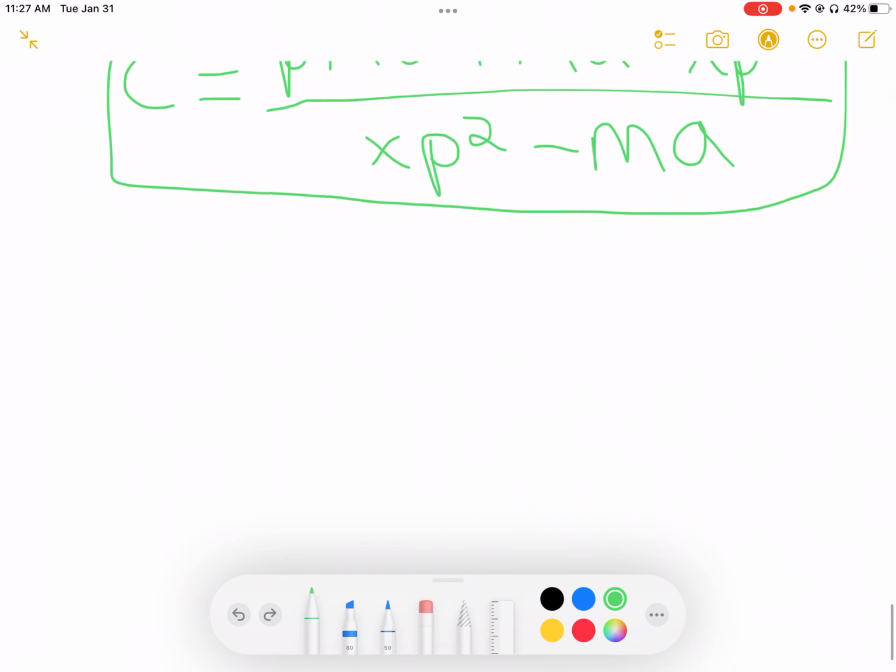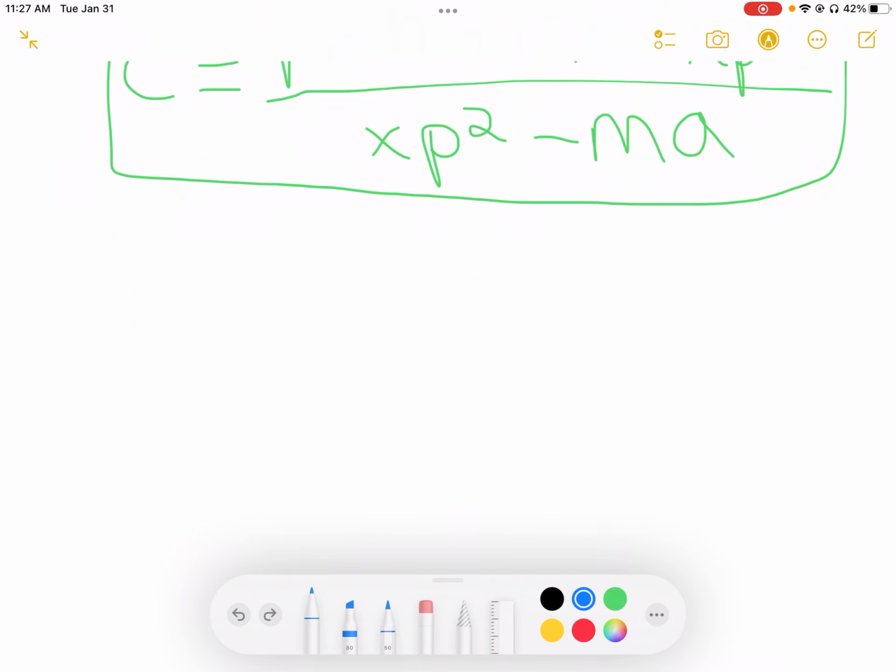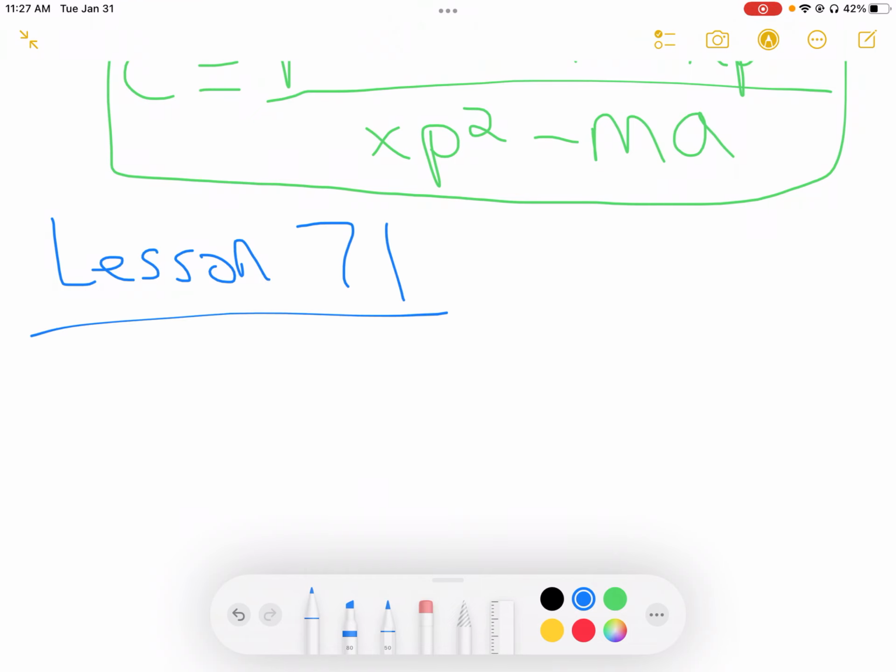All right, so 71, our last lesson. We're talking about the quadratic equation.